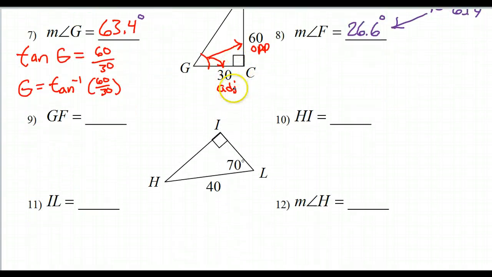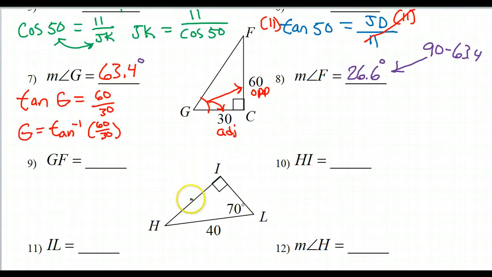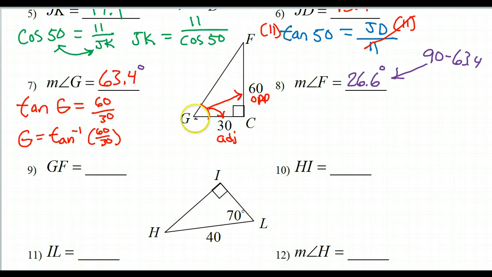Number 9, GF. Okay, GF is the hypotenuse here. So to find GF, we will not use tangent, sine, cosine. We will use the Pythagorean Theorem. We are given 2 sides. We're looking for the third side. So c squared should equal a squared plus b squared.